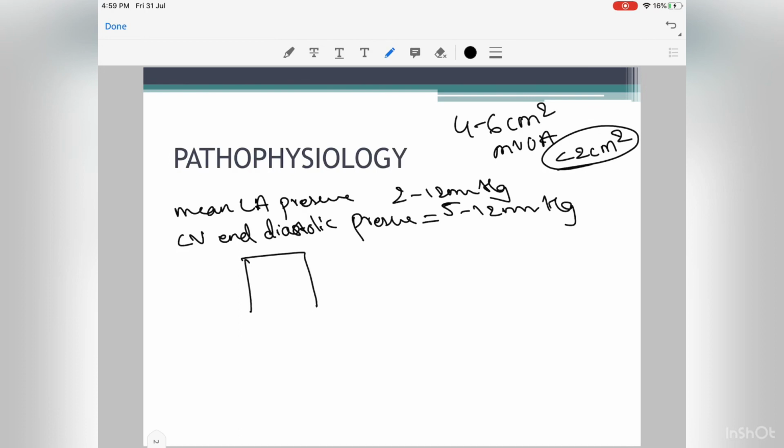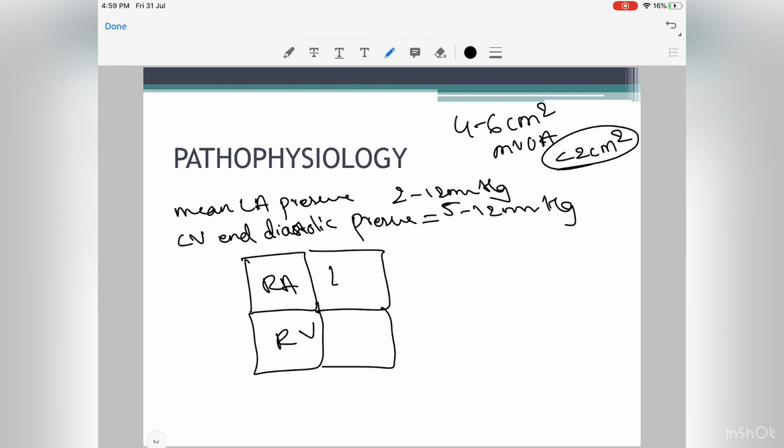So if we consider this 4 chambers of the heart, this is RA, RV, LA, LV. So the wall which is present here is the bicuspid or the mitral wall. So whenever there is narrowing of the mitral wall, the blood flow from the LA to LV is obstructed.